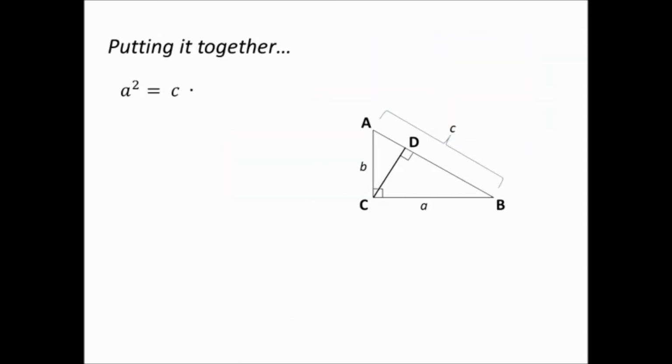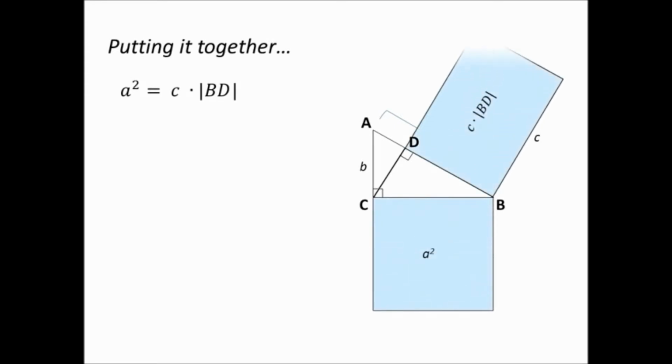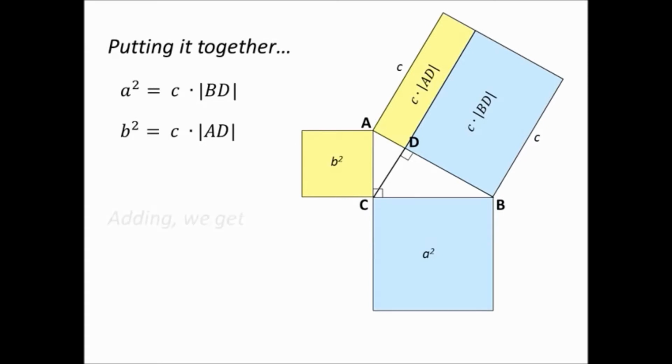Putting it together, A squared equals C times BD. B squared equals C times AD. Adding, we get A squared plus B squared equals C times BD plus C times AD.